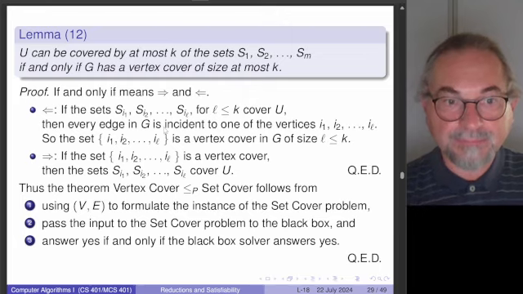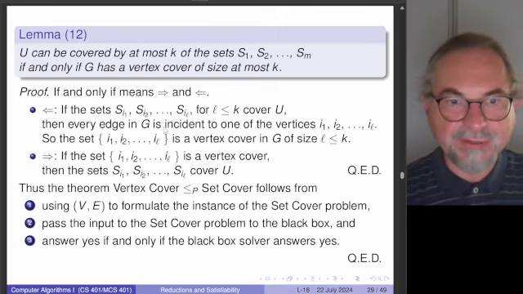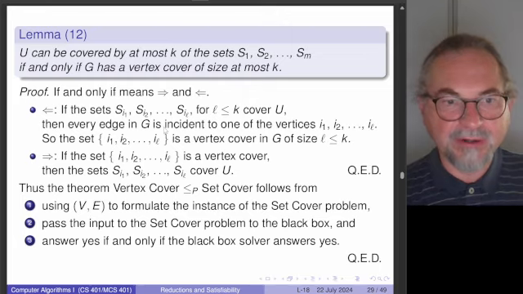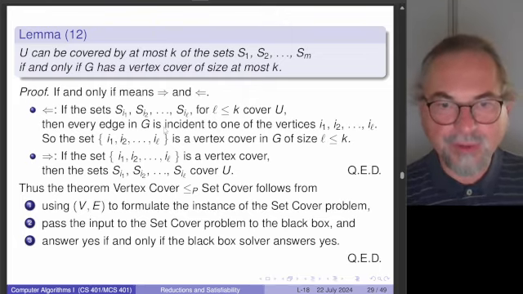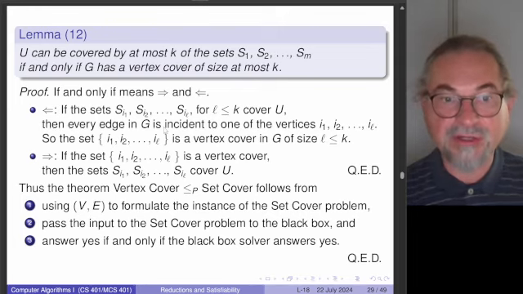Okay, now we have the statement of the theorem. There are two QEDs on this. We have the first QED from the lemma, and then there are the graphs that are used to translate, in linear time, the input of the vertex cover to the input of the set cover.